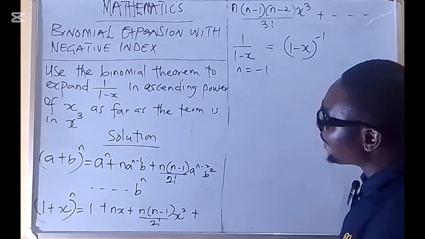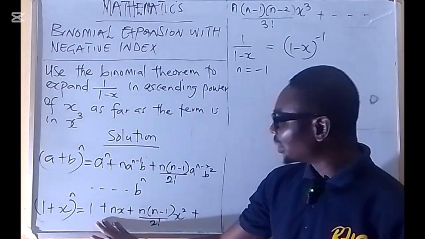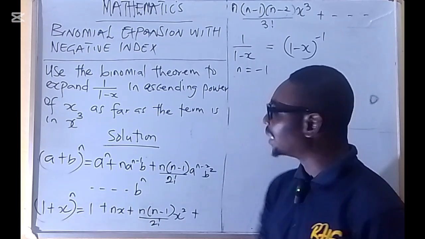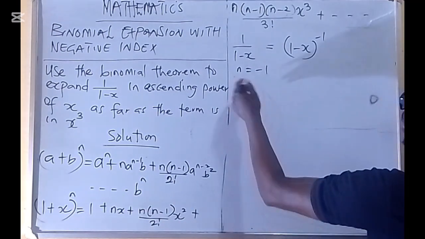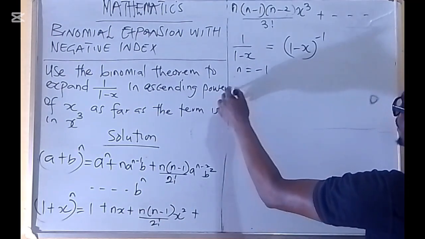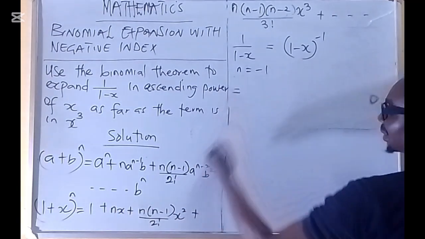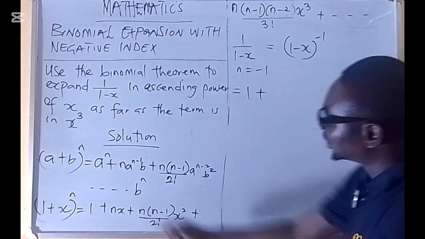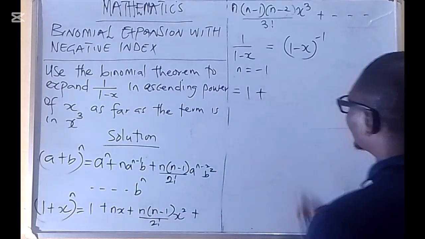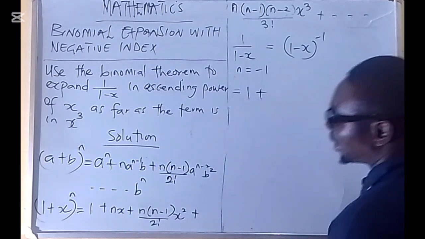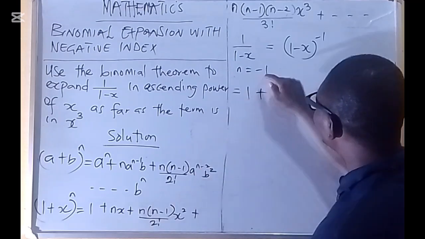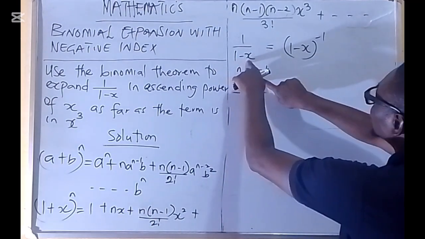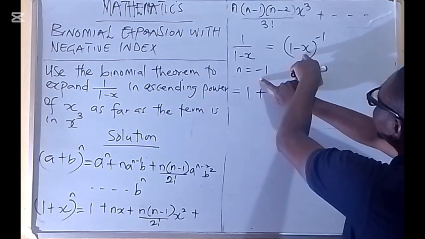So to expand using this formula, (1 + x) raised to the power n, we'll let the first term, since it's a constant, be 1. Plus, here our n is minus 1. Our x here stands to be minus x.